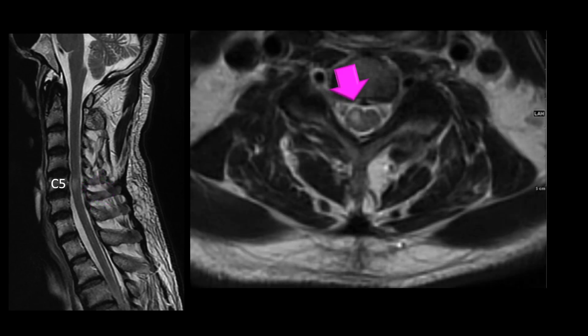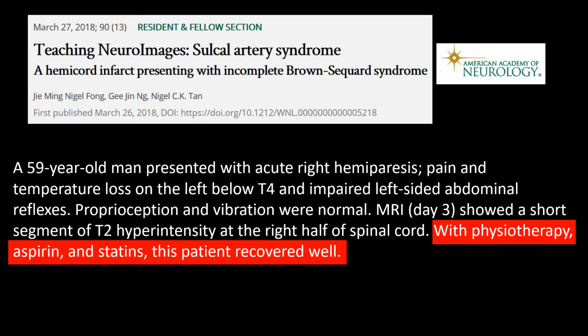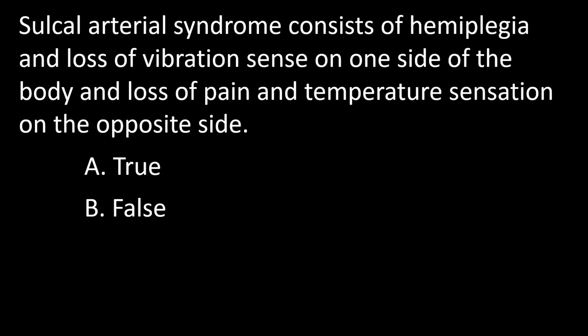And notice here that it is only on the right side that you see the increase in whiteness. The second reason I am showing you this case is that with correct treatment promptly initiated, the patient recovered completely, or at least well. So the answer to this question is B.